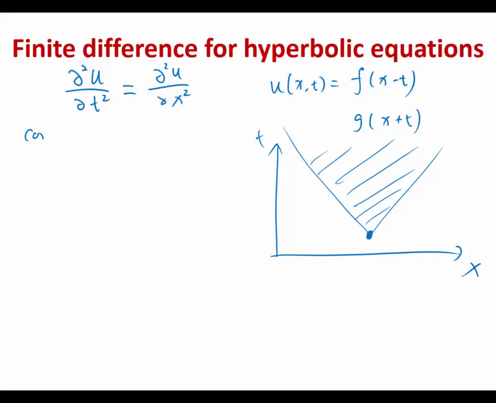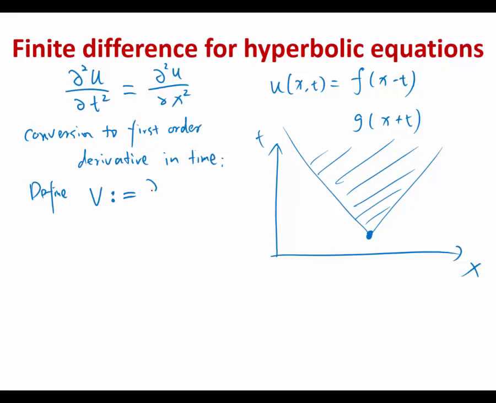So, conversion to first order derivative in time. I'm going to define another variable, v, defined as partial u partial t.